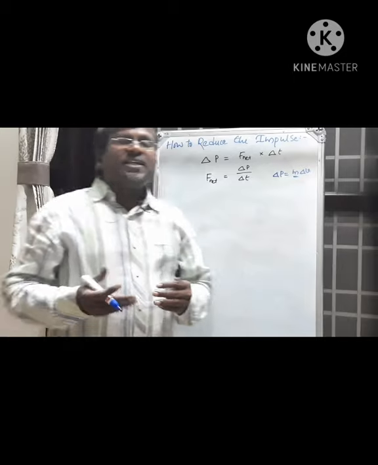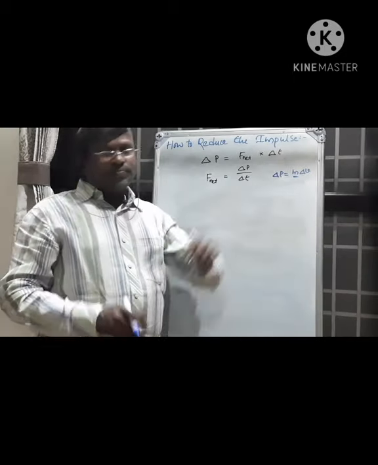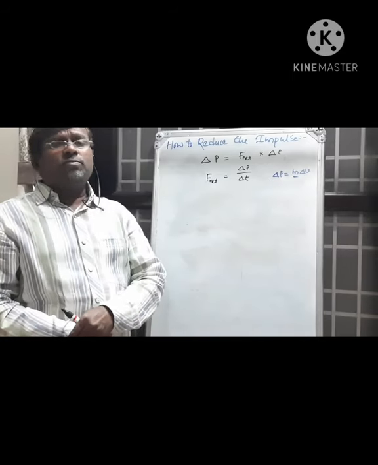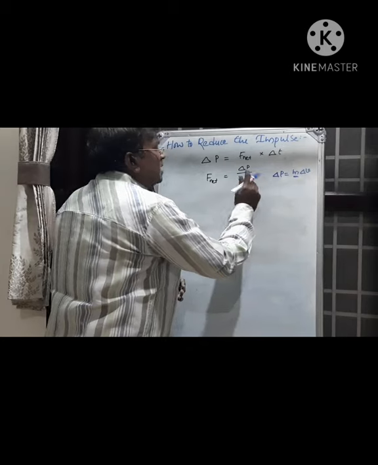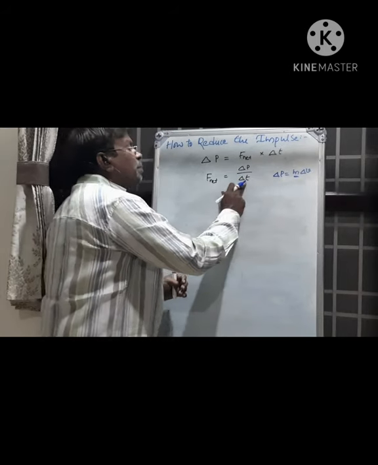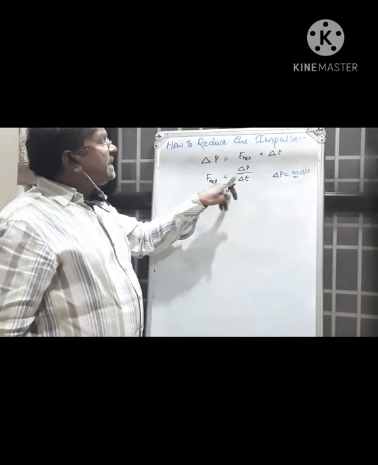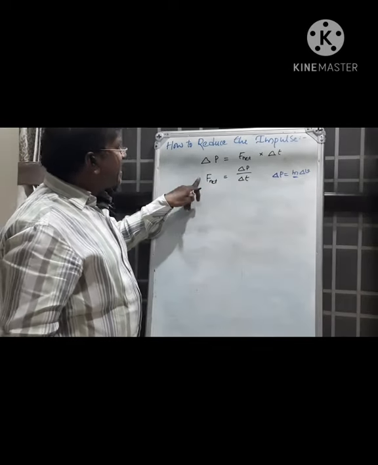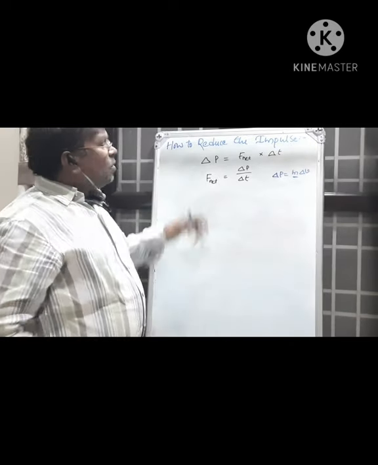During the accident or during something else, we cannot decrease the velocity. What we can do? We can increase the impact time. If we increase the impact time or interaction time, then automatically the F net will be decreased. What is our intention?